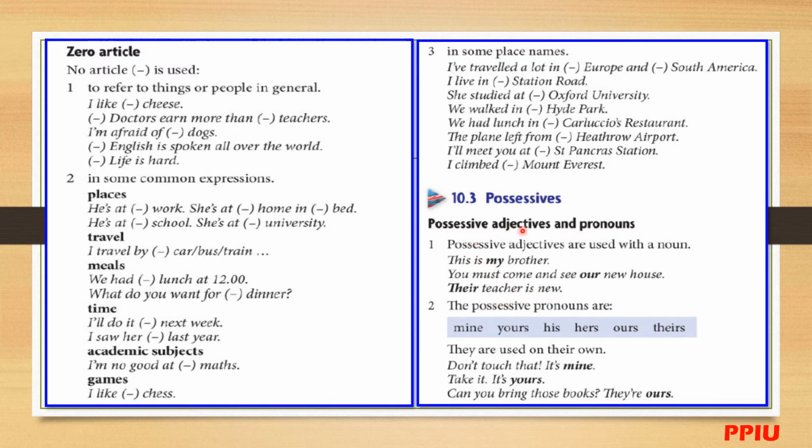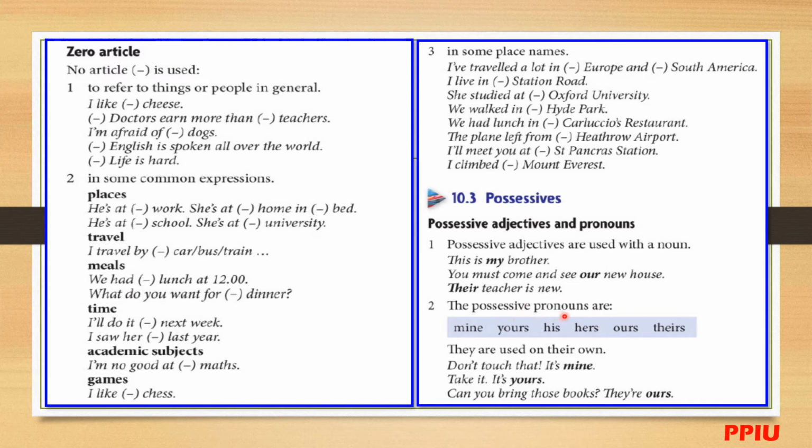So when I combine with a noun, my brother, their teacher, our new house, it becomes a noun phrase.